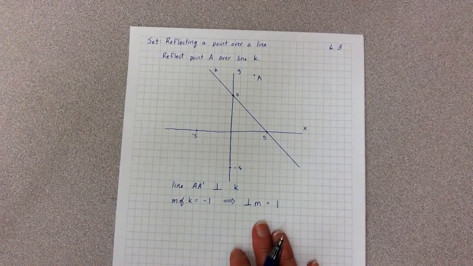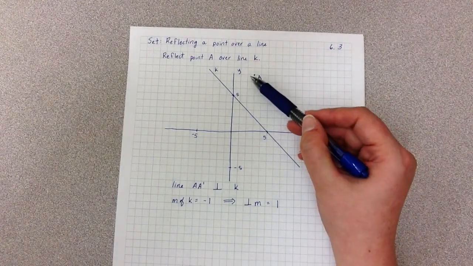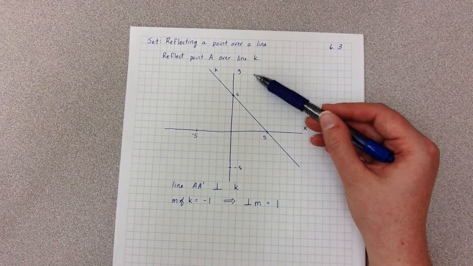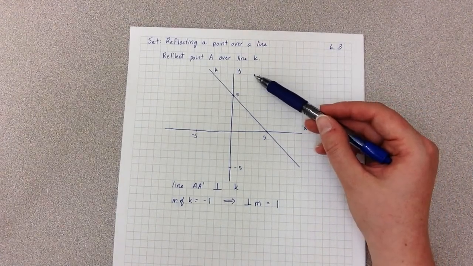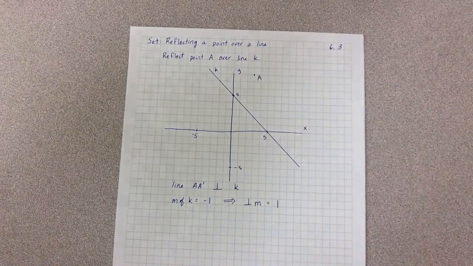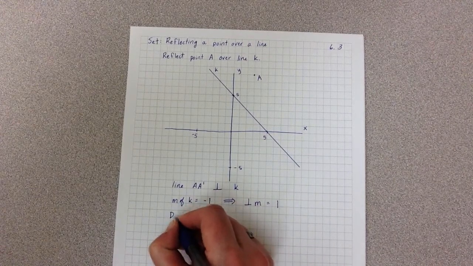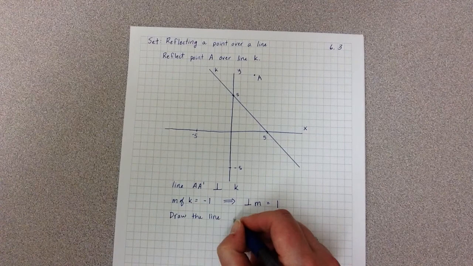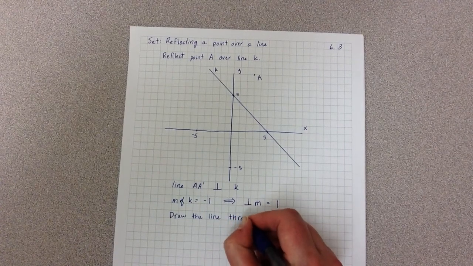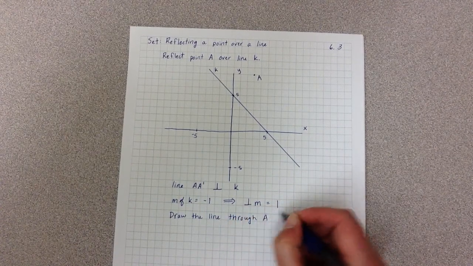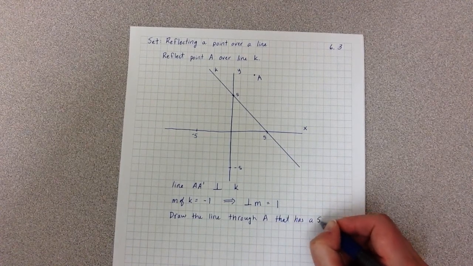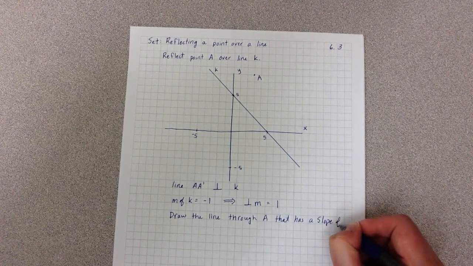So now that I know the slope of the line that goes through A and A prime, I can draw that line. It goes through A, so I can draw the line that has a slope of 1 through A. So draw the line through A that has a slope of 1.